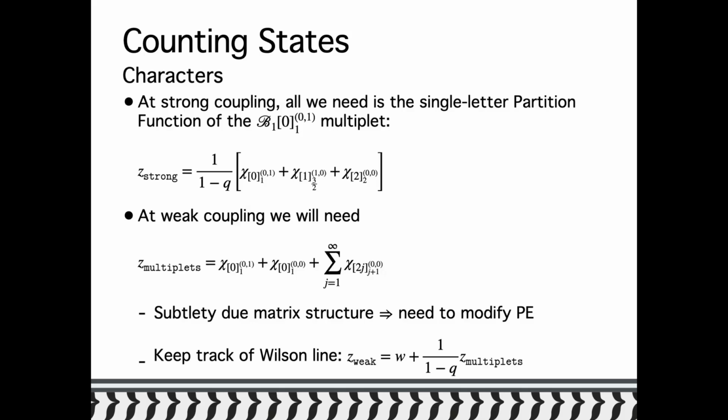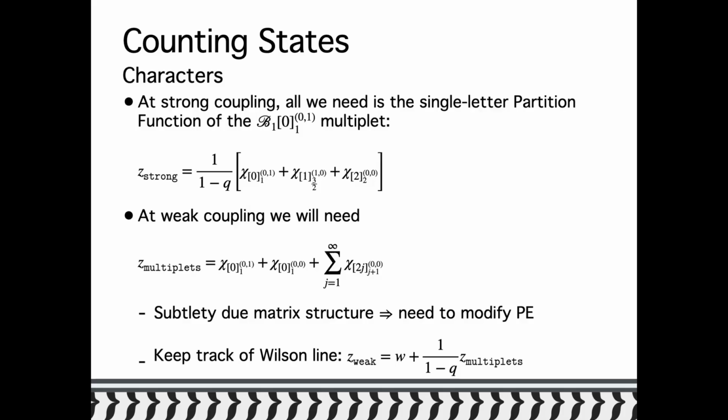At weak coupling, similarly, I told you that there are infinitely many multiplets, but you can write a character associated with each multiplet, and the form that you get is given in Z multiplets. Of course, there's a fundamental difference between weak and strong coupling. At strong coupling, you just have fluctuations, you just have letters, which are commuting with each other, so you don't have to worry about the ordering.